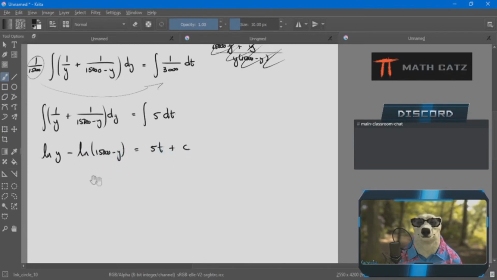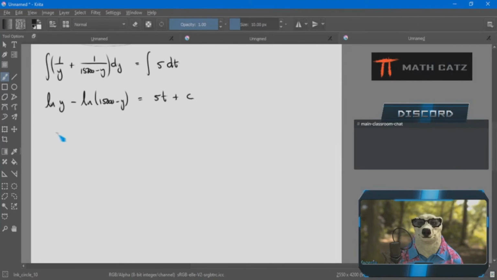So then now things are looking a little bit more familiar. I'm going to merge these two logs with the appropriate log property, and then I can get the y fraction out of the log by rewriting it to the exponential version of the equation.